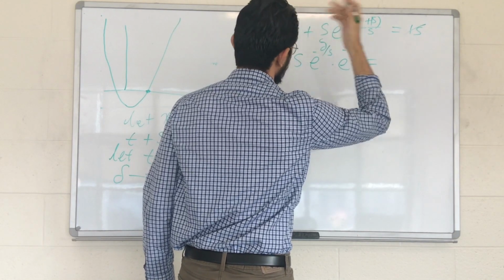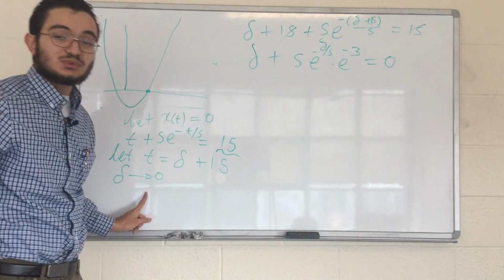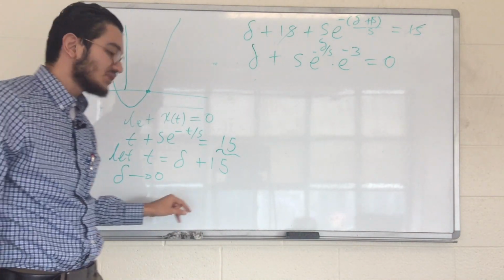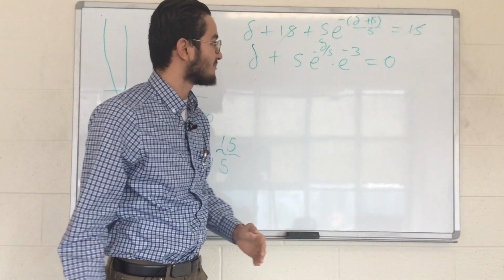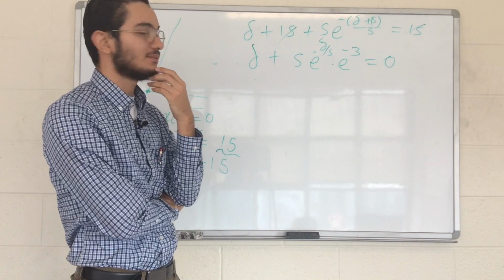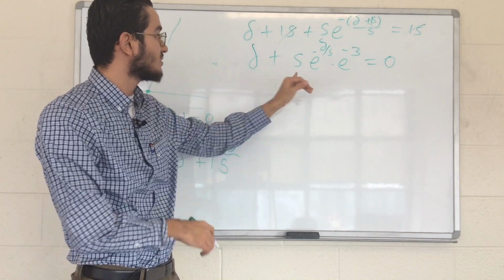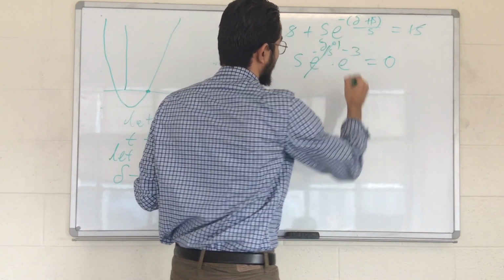All of that equals 0. Now, because we're assuming that delta approaches 0, e to the negative delta over 5 is just going to be pretty much 1. E to the 0, what's e to the 0? 1. Okay, that just goes to 1.